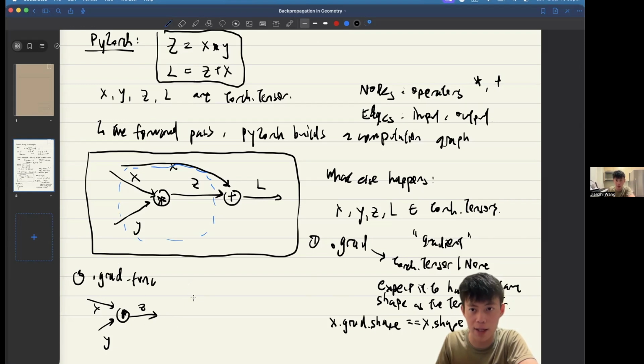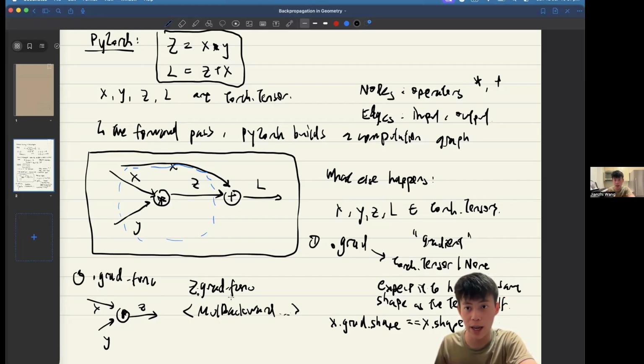In the forward pass, when z is computed, z.grad_fn will be populated with a function that is something like a mul backward. What is this mul backward function? Well, it is actually a pointer to a C++ function. This function takes in the gradient of the output and transforms it into the gradient of the inputs.